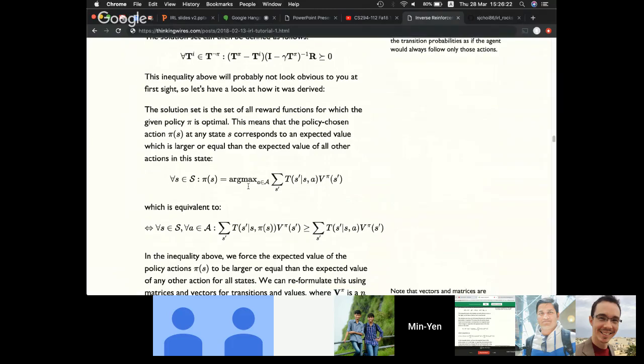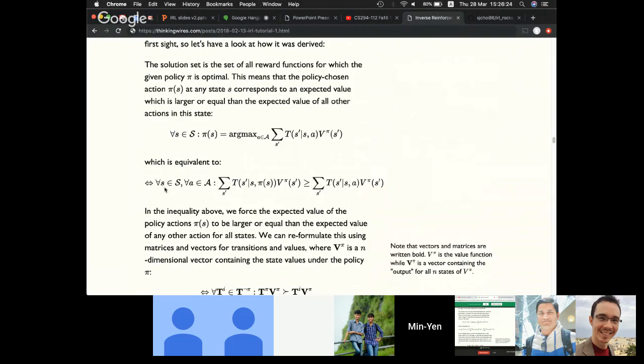Which is equivalent to, for all states, for all actions, this inequality must hold true: that the actual transition taken by the policy, is that correct, is going to be bigger than the rewards for cases where, what's this?